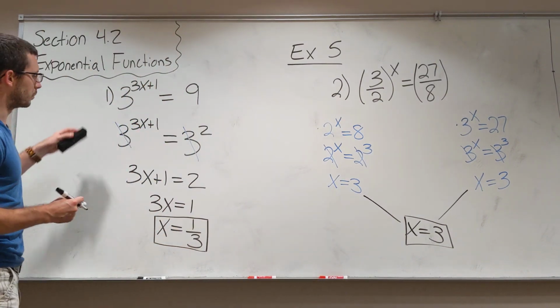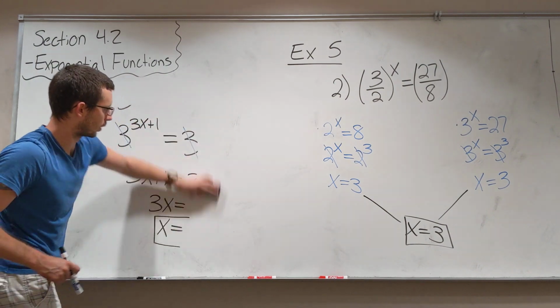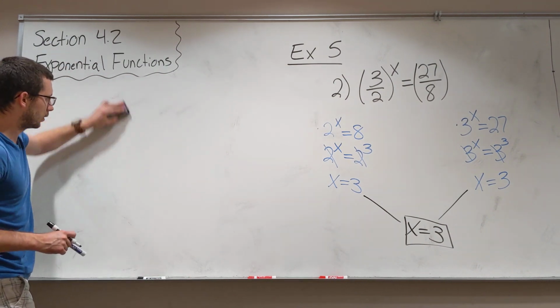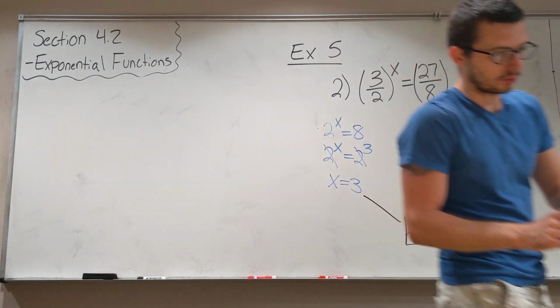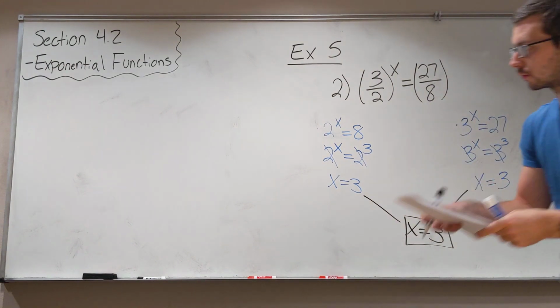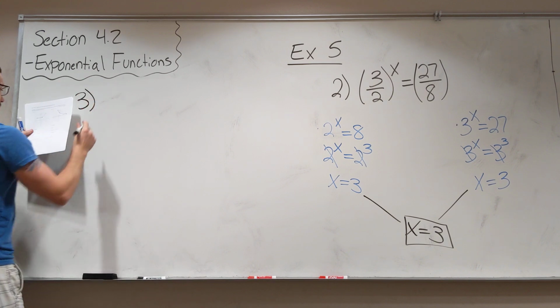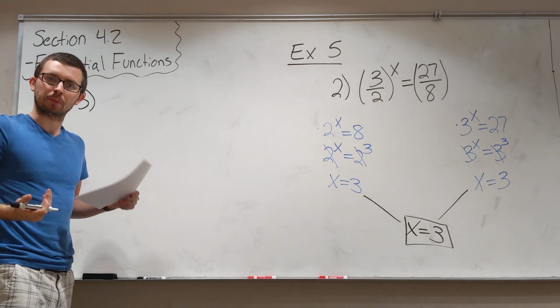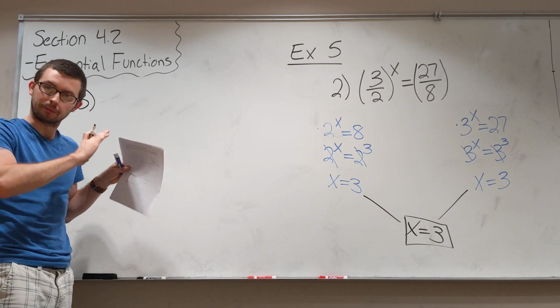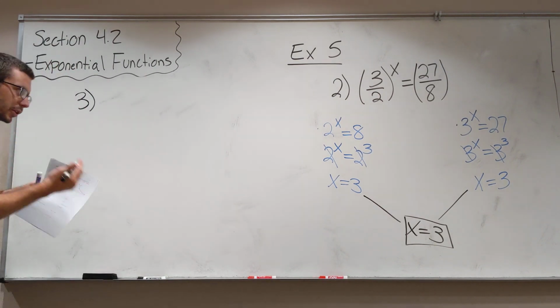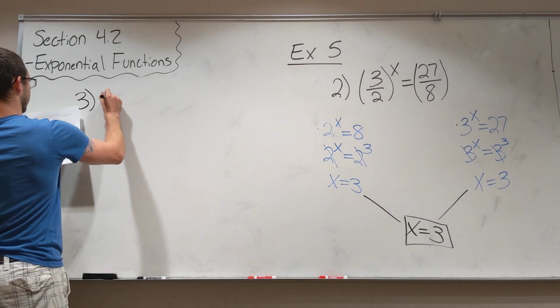So we can go ahead and move on to problems 3 and 4. So let's go ahead and look at 3. And this is when the law of exponents is going to come into play that we talked about at the very beginning of the section. So make sure to have that as a reference as I go through these.